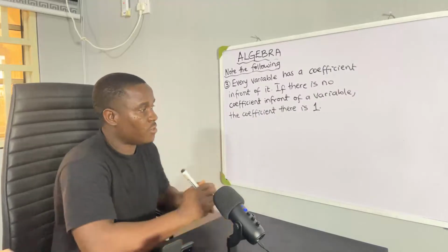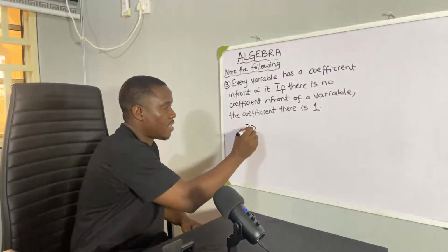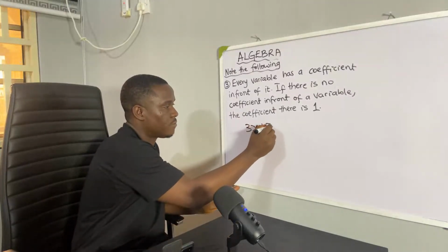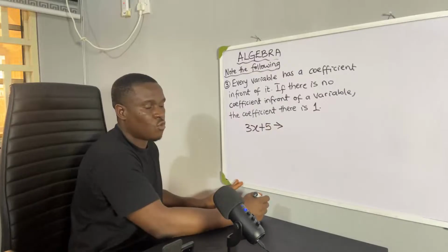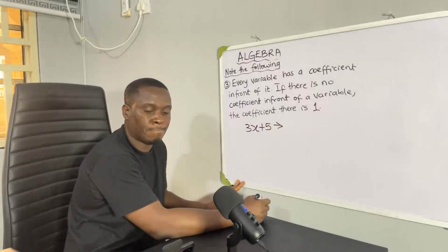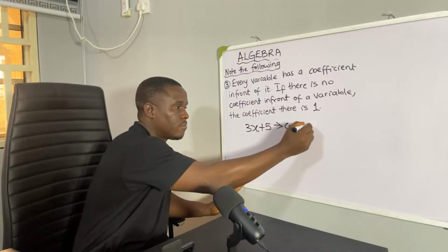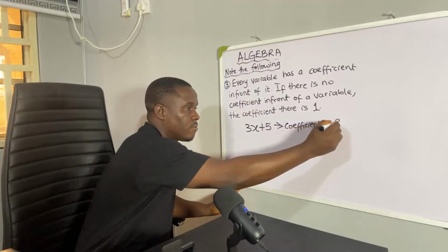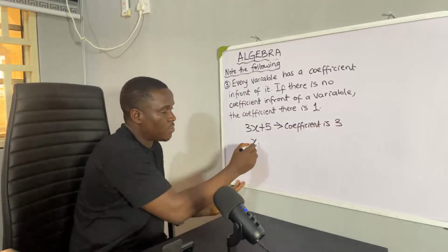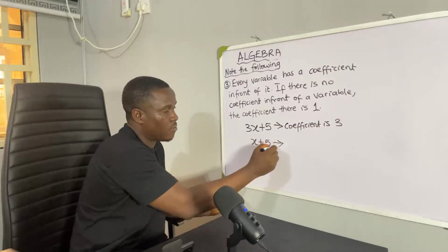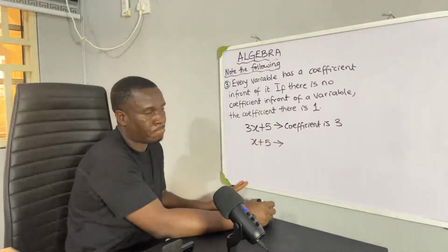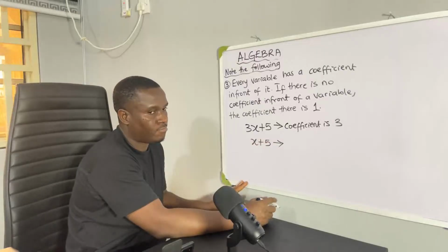1. So if I have 3x plus 5, the coefficient here is what? The coefficient here is 3. But if I have x plus 5, what's the coefficient? 1x plus 5.